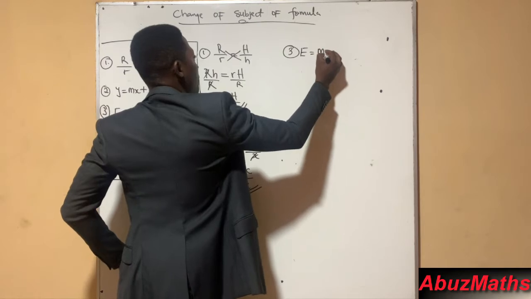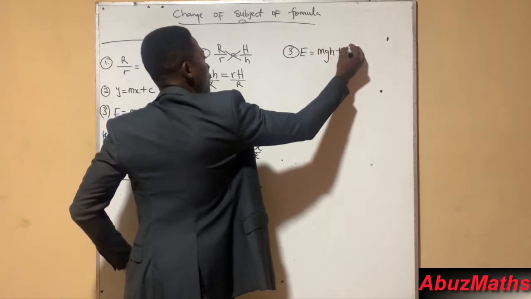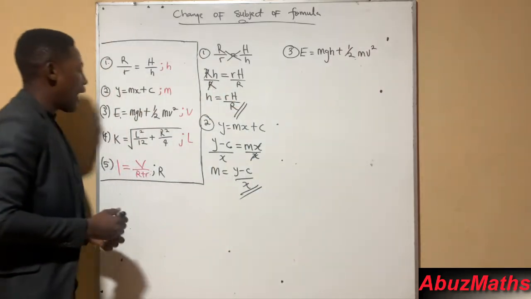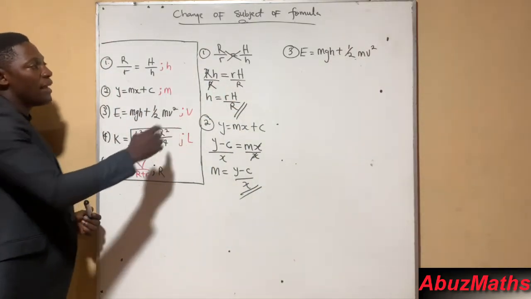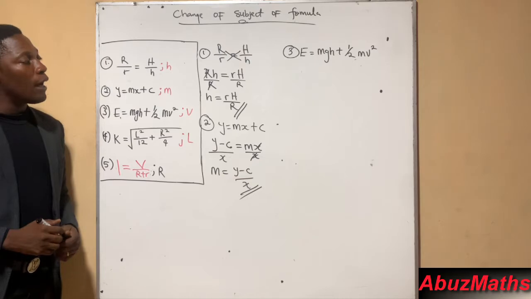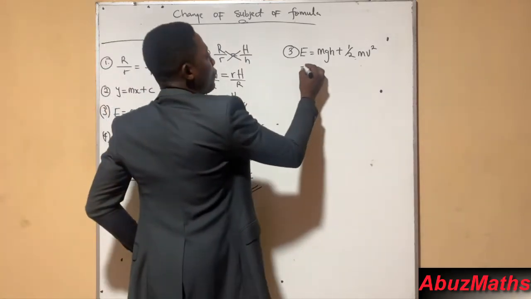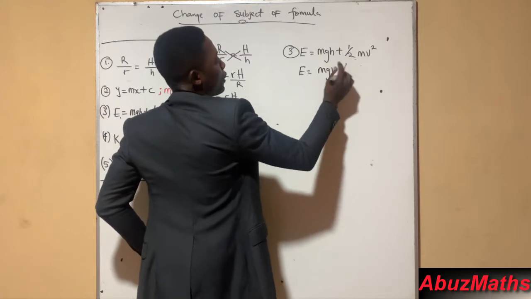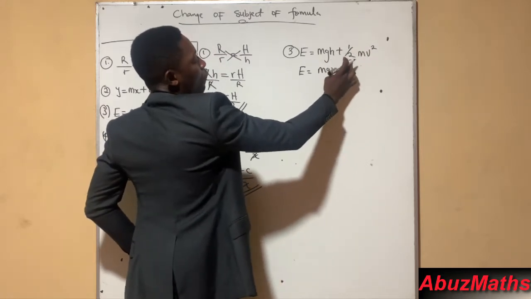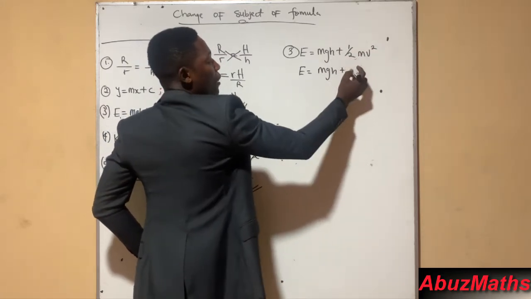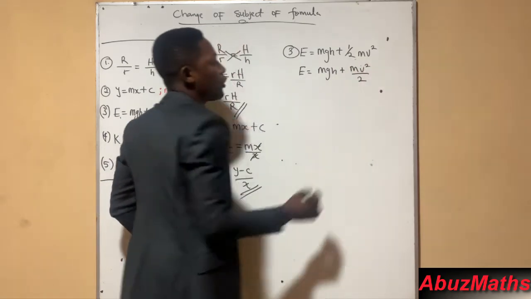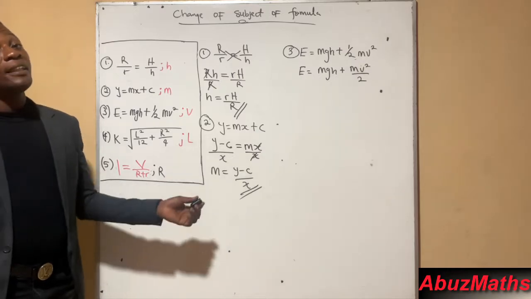E is equal to mgh plus half mv squared, and I'm asked to make v the subject of formula. The first thing I have to do is write this very well. So I have mgh plus 1 over 2 times mv squared, which gives mv squared divided by 2, which is half of mv squared.